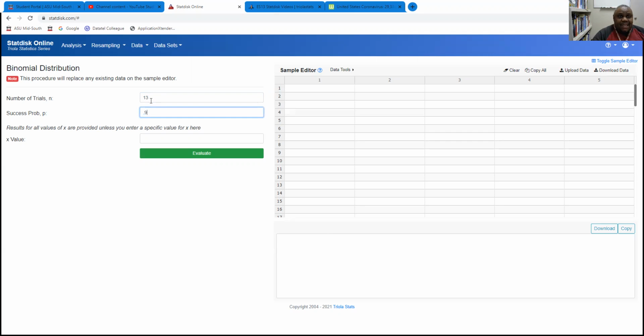So that would be 0.90 for your success probability. And then the X value. In part A, it says find the probability that 3 of the consumers recognize the brand name of cookies. So we type in the number 3 for your X value and then click evaluate.